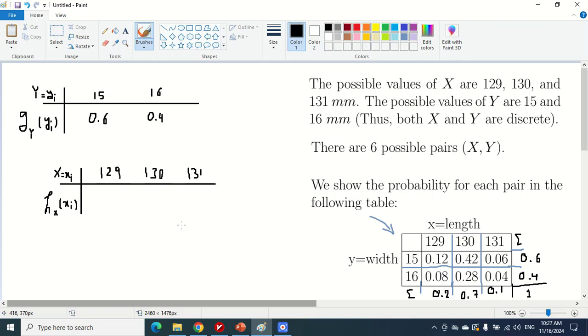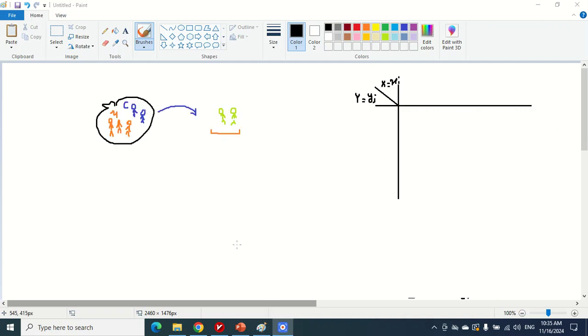So we have 0.2, 0.7 and 0.1, and as you can see, this is a distribution function because the addition of these values is equal to 1 and all of them are positive. So we have 2 marginal distributions that we can create based on a table for a joint probability distribution function.